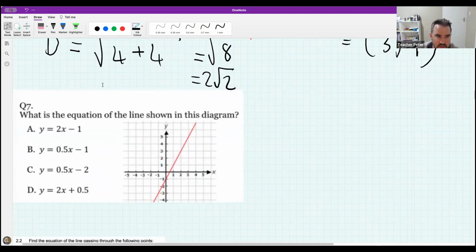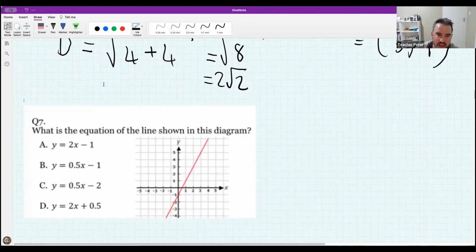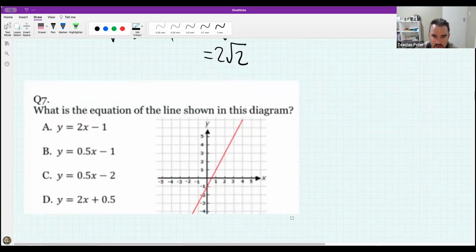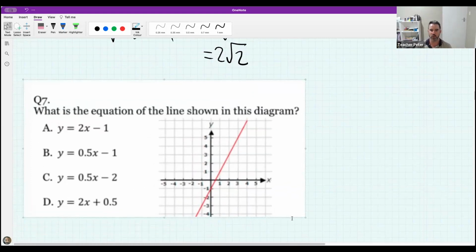What is the equation of the line shown in this diagram? What is the equation of the line shown in this diagram? Is it A, B, C, or D?